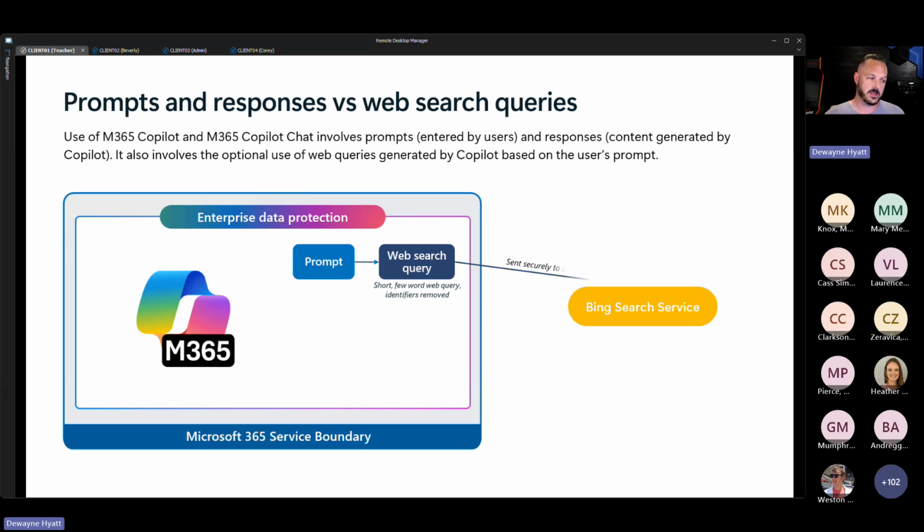Now, you'll notice in this little graphic, it says Microsoft 365 service boundary. Bing is sitting outside of that. Bing is not an M365 service. Bing is a consumer, worldwide, globally architected search engine.